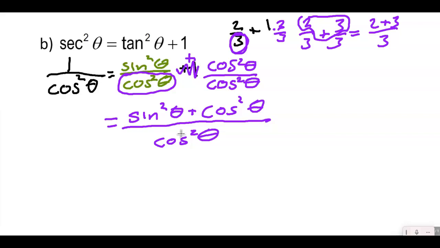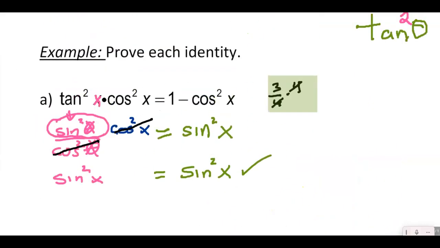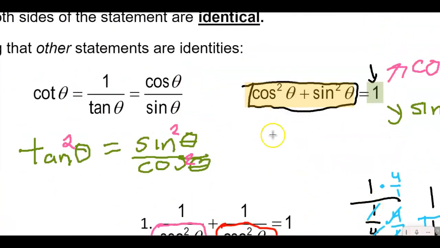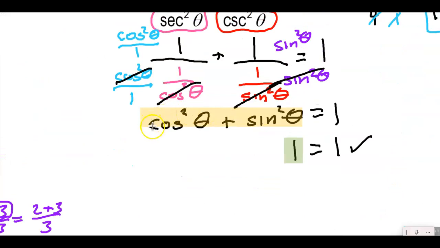What's next? Yeah, let's look at previous problems. Whenever I get stuck, I look at my notes. What did I do on a previous problem? That might help me. I look up here, it's like, well, look. The last problem we just did, there's a cosine squared plus sine squared, and I substitute equal to 1.